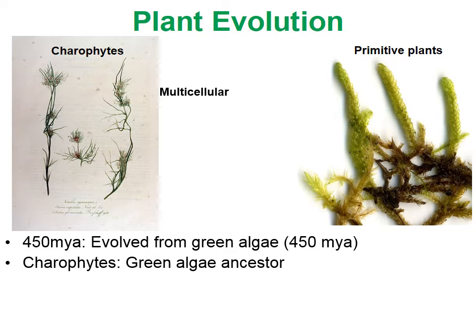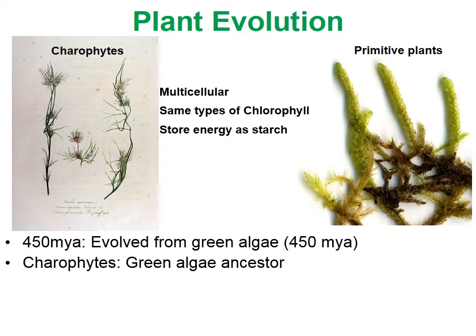For instance, we see that charophytes and very primitive plants are both multicellular. They both contain the same types of chlorophyll. There are different types of chlorophyll needed to do photosynthesis, and charophytes and early plants have those same types. Both the green algae charophytes and early primitive plants store their energy as starch.